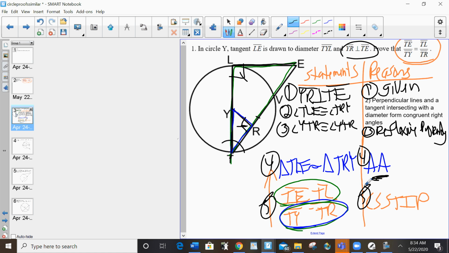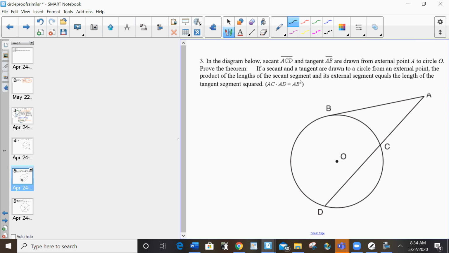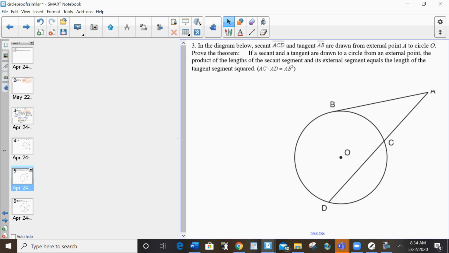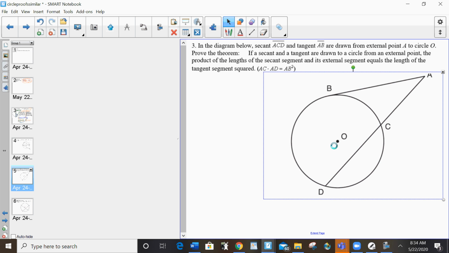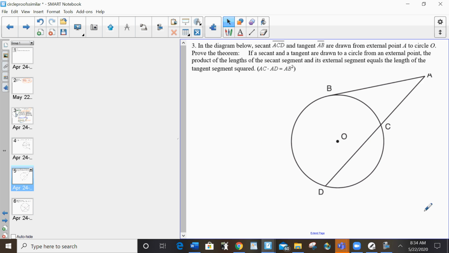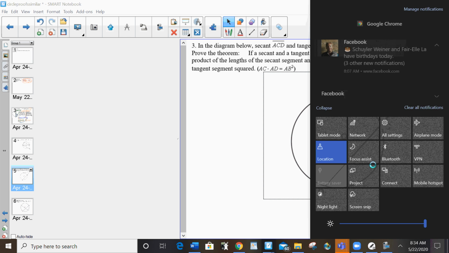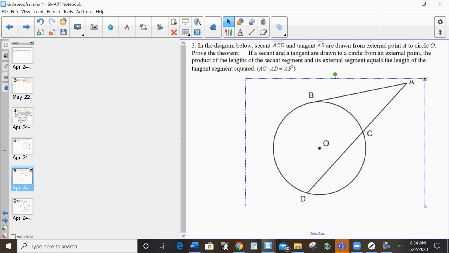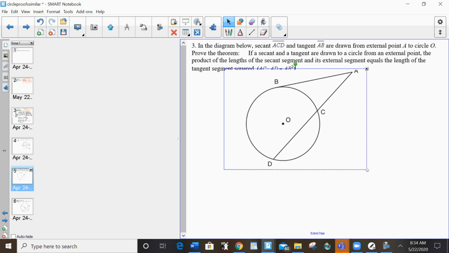Let's skip ahead to number 3. This one's got a little something you've never seen before. Just a little something. Make this a little bit smaller if I can.